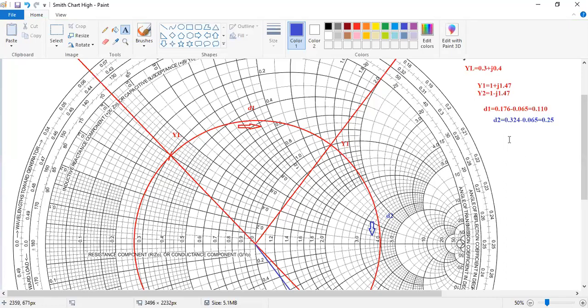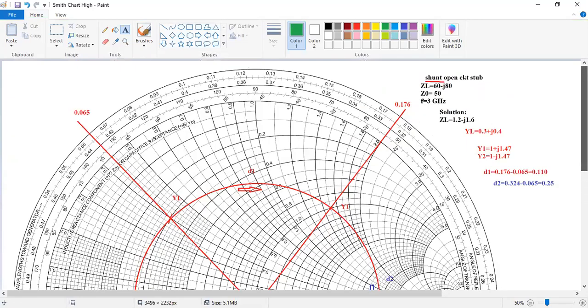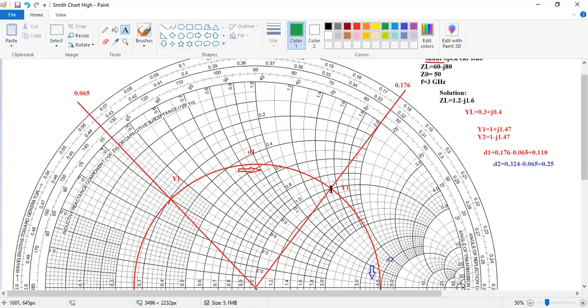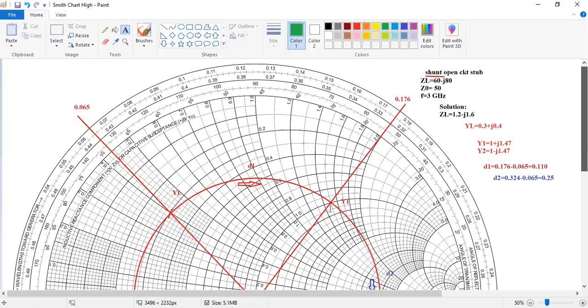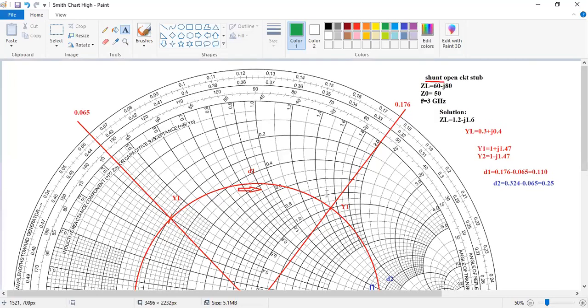Now what next? We have to go for L1 and L2. The procedure is the same. For L1 and L2, you have to mark a point. What point? This is your 0.47. It is near to 0.5. So somewhere here, 0.47 is this point.